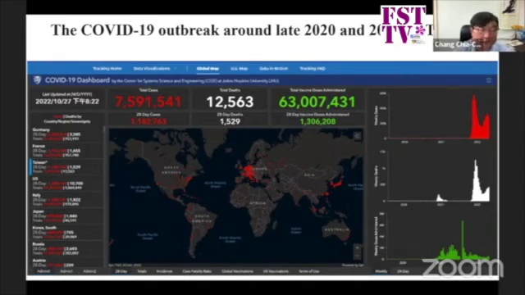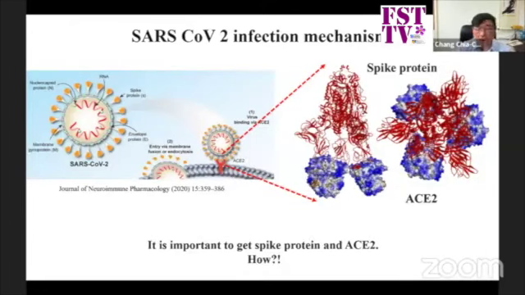So how can we develop such a biosensor? Luckily, just in April 2020, people from Wuhan published a study indicating that the virus, through its spike protein, interacts with the human ACE2.